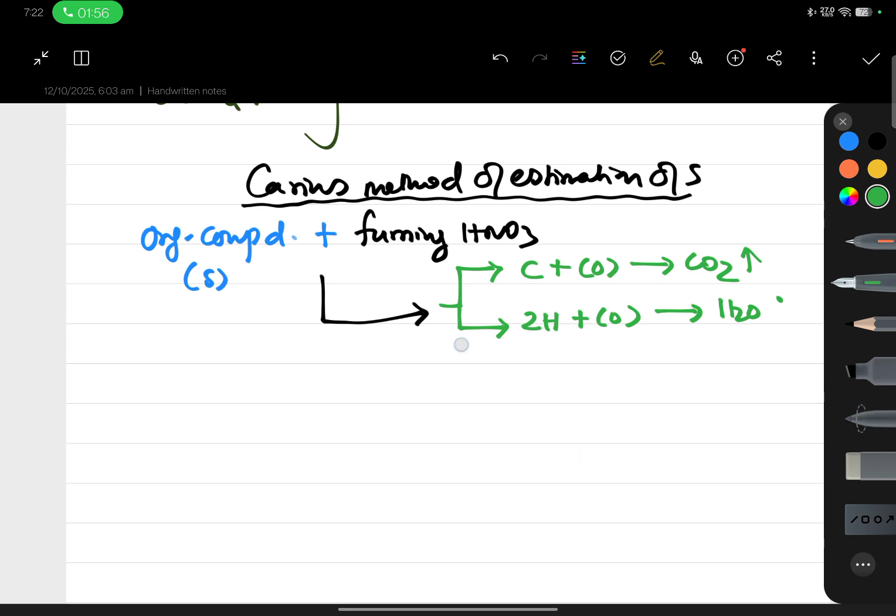Finally, your sulfur will be converted to sulfuric acid. So what will happen? You can remove the water, you can remove the carbon dioxide, everything can be removed. So you will have only sulfuric acid.